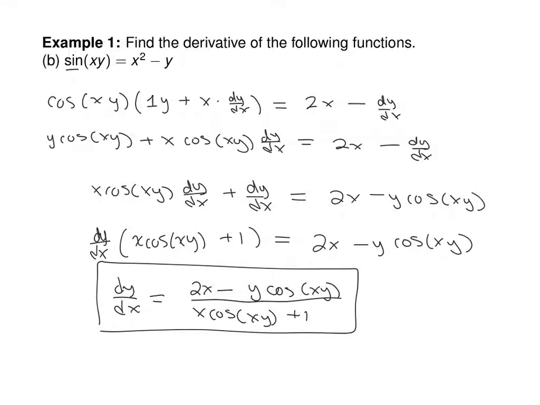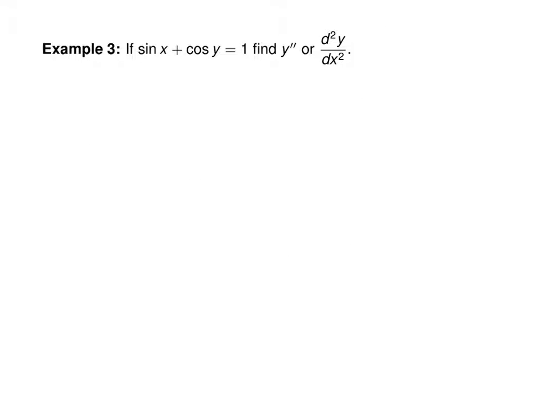All right, next. How about this one? So you have sine x plus cosine y is 1. Find the second derivative, but first you must find the first derivative. So what's the derivative of sine x going to be? How about cosine y?